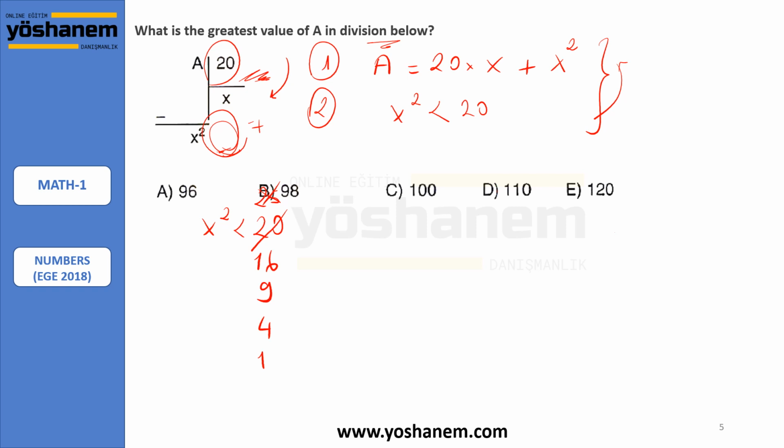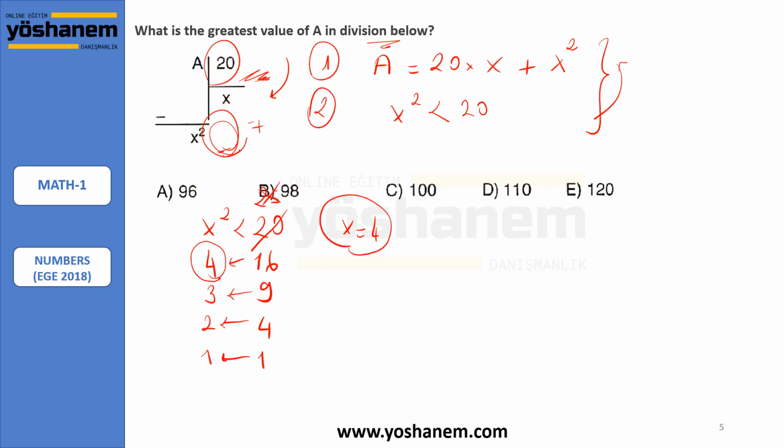Okay, so if this one is 16, my x is 4, right? If this is 9, my x is 3. If this is 4, my x is 2, and my x is 1 here. So in order to find the greatest value of a, I should choose the biggest value. Okay, so x is 4.